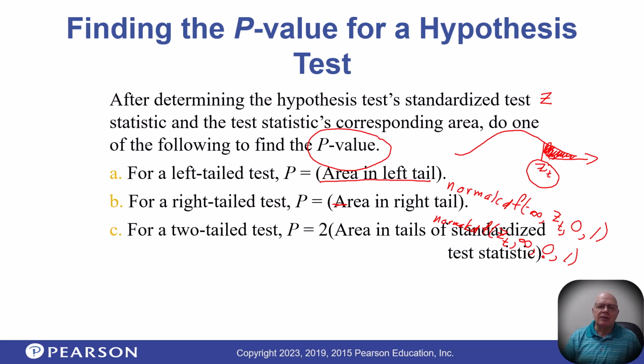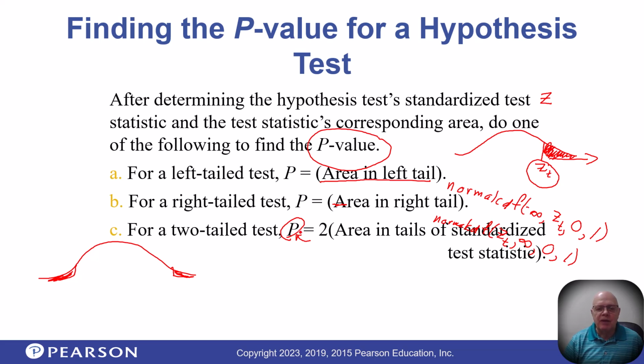For a two-tailed test, now this is a little bit different. Similar but different, because when you find that p expression from one of these, you might find this area or you might find this area depending on where your value is that you're comparing.